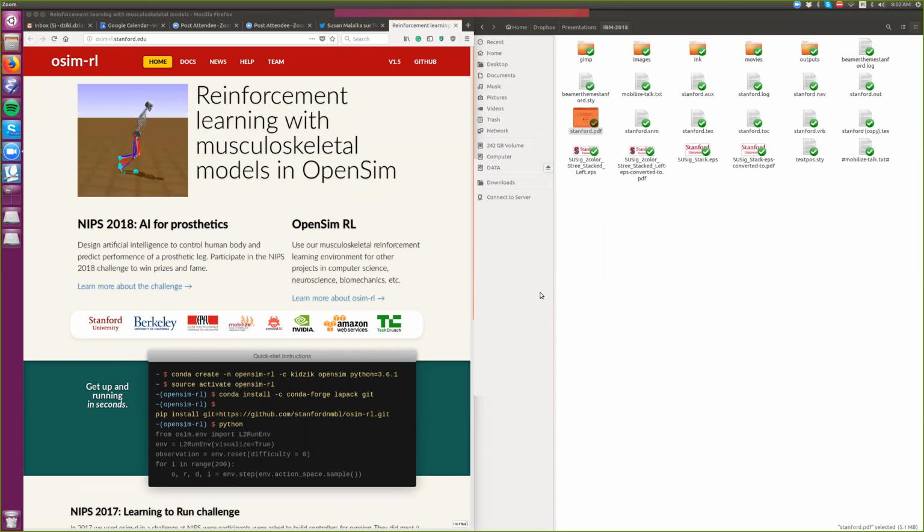NIPS is the main artificial intelligence and machine learning conference. We accept any contributions. You can participate in the challenge, win prizes, and learn reinforcement learning. Or if you're an expert in reinforcement learning, you can work on projects that are really clinically relevant, since we are working with clinicians on making this as close as possible to clinical use.